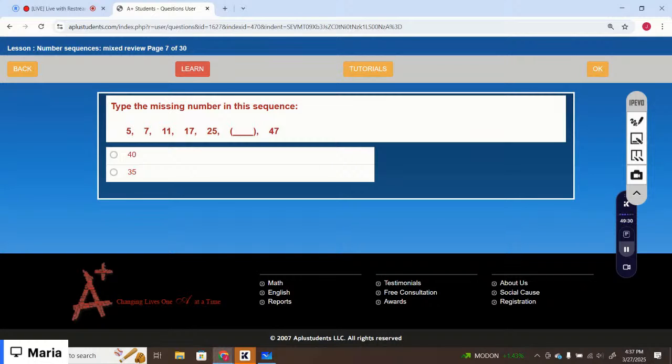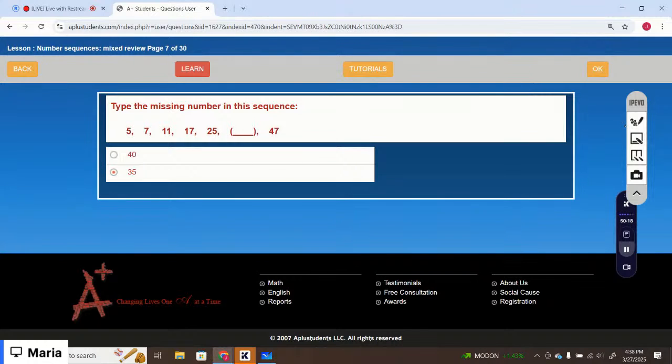Type the missing number in the sequence. 35 it is.